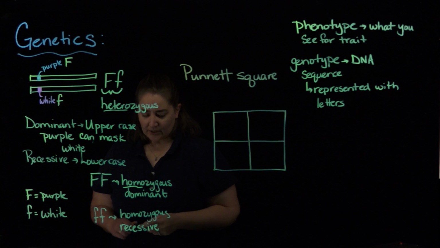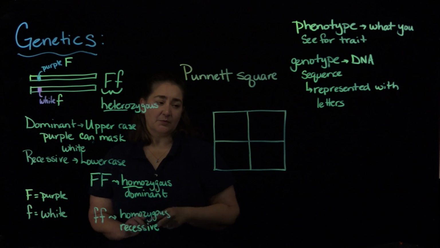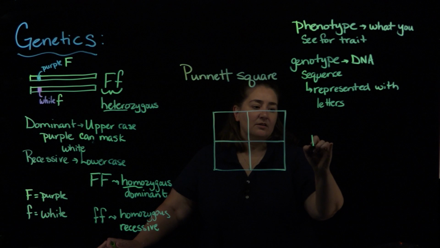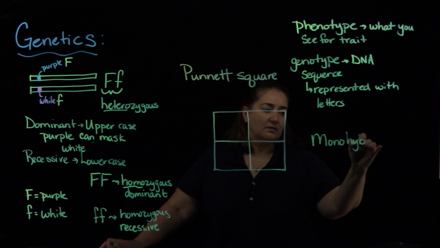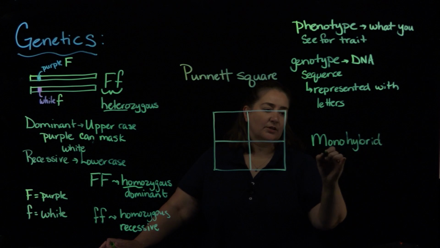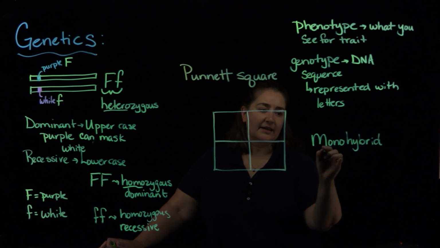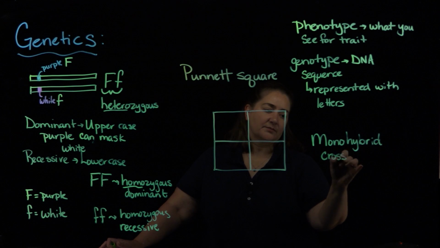So we're going to start this Punnett Square and use it as a monohybrid cross.